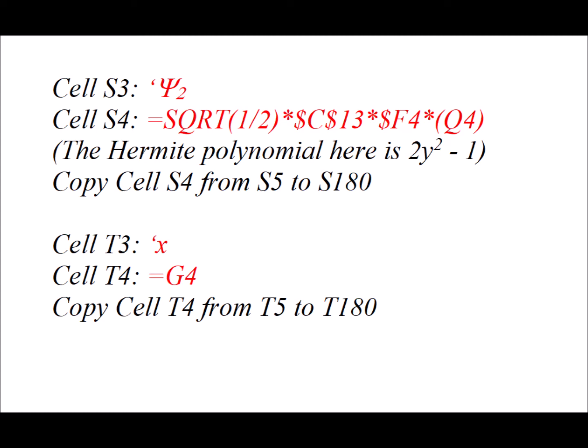In cell T3 again, we have the label x. In cell T4, the formula equals G4. We just keep copying that over. And then we copy cell T4 from T5 to T180.